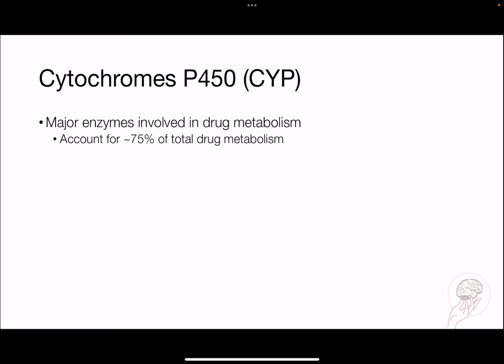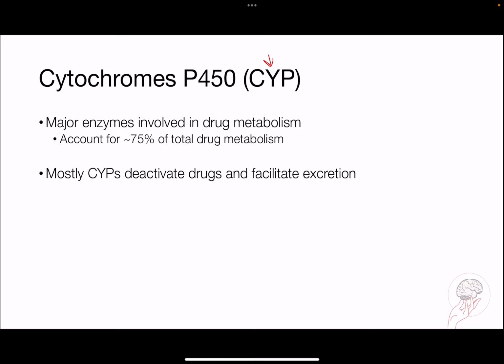So let's talk a little bit more about cytochrome P450 or 450. You'll also see these called CYP. So these are major enzymes involved in drug metabolism. They account for 75% of total drug metabolism. Mostly, CYPs deactivate drugs and facilitate excretion.